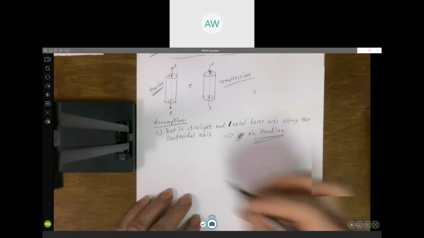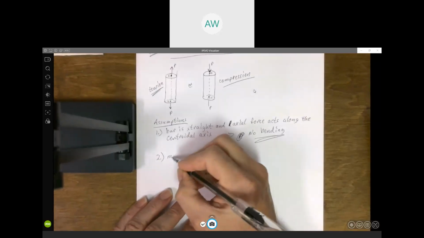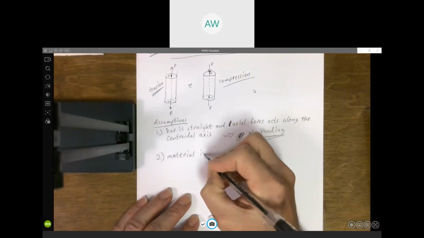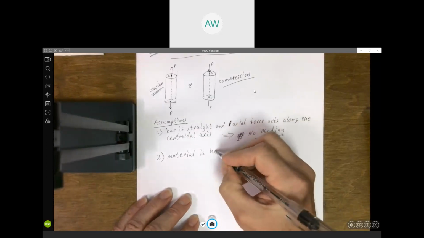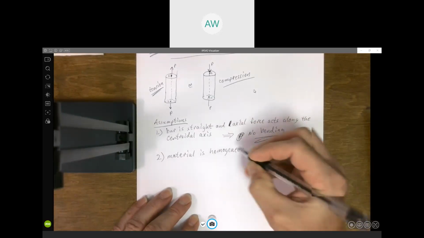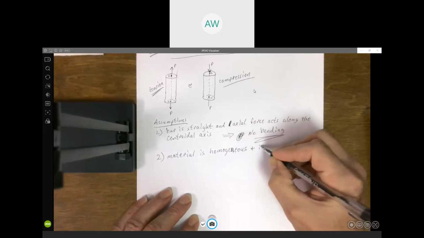All right, the second one deals with the material. We're assuming the material is homogeneous, big word, and isotropic.